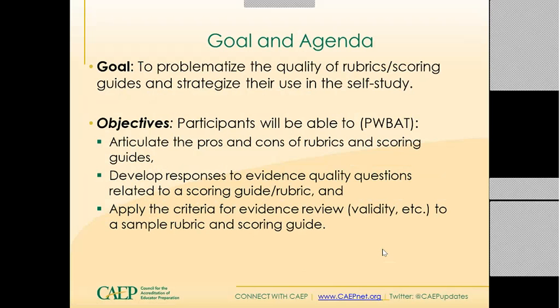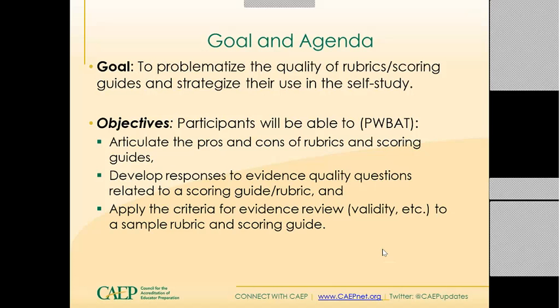Our goal today is really to problematize the quality of rubrics and scoring guides and to strategize their use in the self-study. As you know, one of CAPE's priorities is the quality of the evidence that EPPs provide to the accreditor to demonstrate that they're meeting the standards or are proving their claims if they're in the inquiry brief pathway.